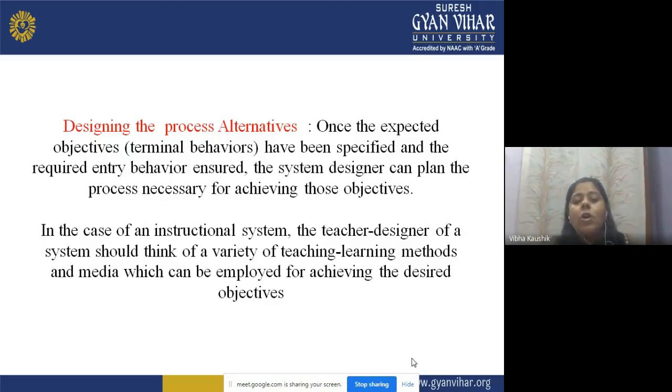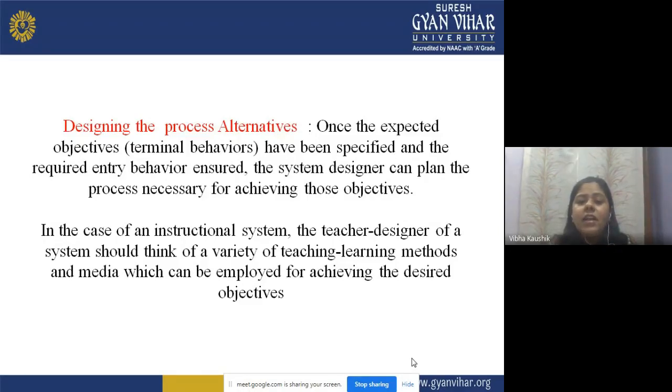Designing the process alternatives. Now, alternatives: how many options are available to a system designer? Once the expected objective, the terminal behavior, that is, the type of behavior I want in my learner, has been specified, I clearly state that after completing this topic, I want that type of change in the behavior of my learner. And the required entry behavior, in short, that these are the prerequisite knowledge and skills of the learner.